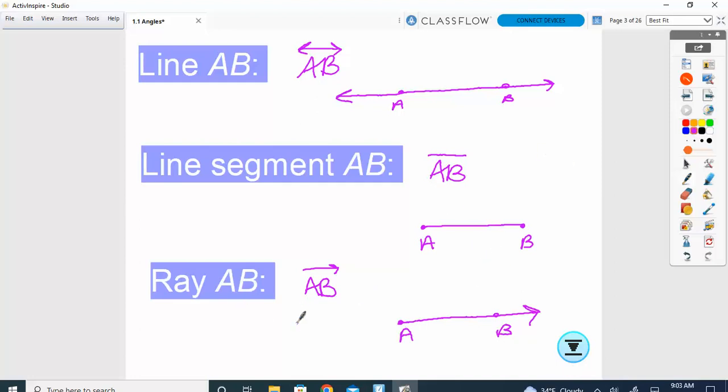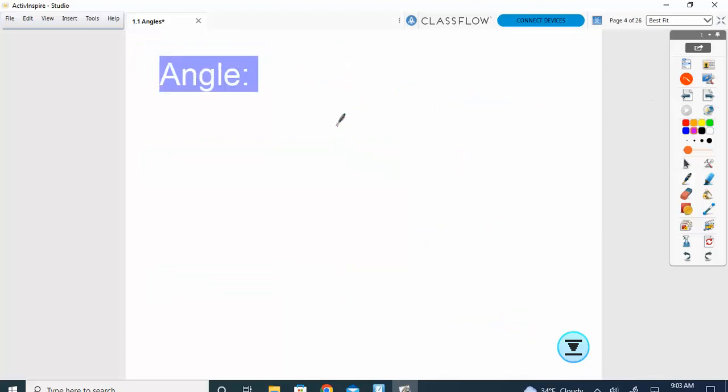Now, when you put two rays together, you can form what's called an angle, which is more what we are focusing on in trigonometry. So an angle is two rays with a common endpoint. So you might draw this picture out to the side here. We're going to label some things in it. So here's a ray, here's a ray, and they're starting at the same endpoint.